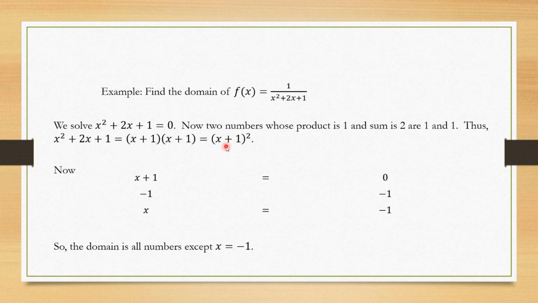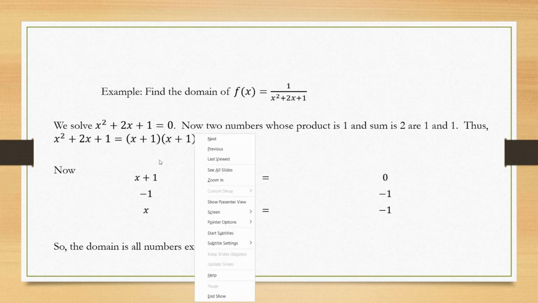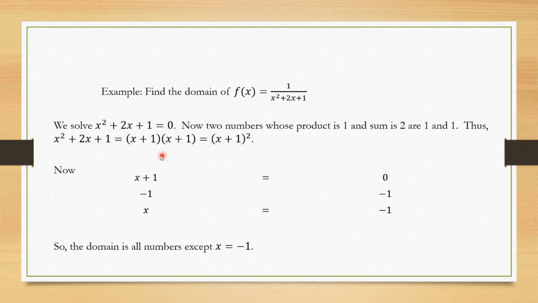And remember, when you have this equal to 0, you set each factor equal to 0. Although in this case, the factors are the same. They're both x plus 1. So we just have x plus 1 equal to 0. Subtract 1 from both sides, and we get x equals negative 1. So the domain here is all numbers except x equals negative 1.